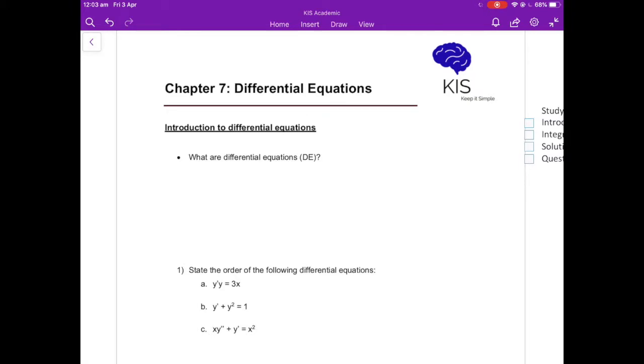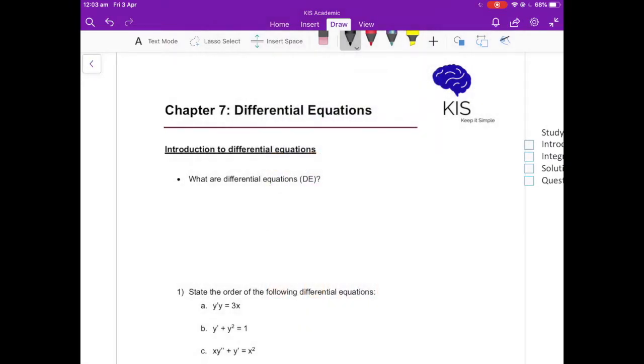Differential equations, I will now write out a few for you. So they are things where you have the derivative as part of the equation.